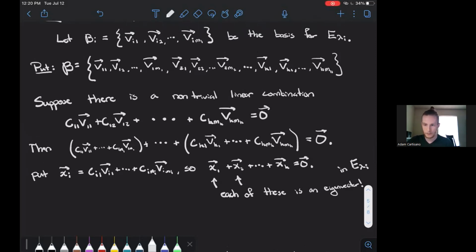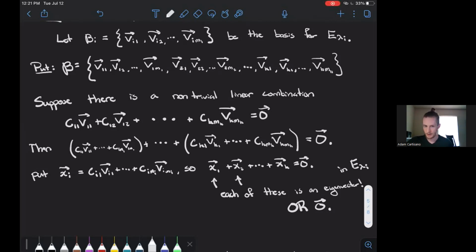Any linear combination of those basis vectors is an eigenvector in that eigenspace. Or it could be the zero vector. It could be that xi is the zero vector. That is a vector which is inside E lambda i. It is not an eigenvector because the zero vector is never an eigenvector.